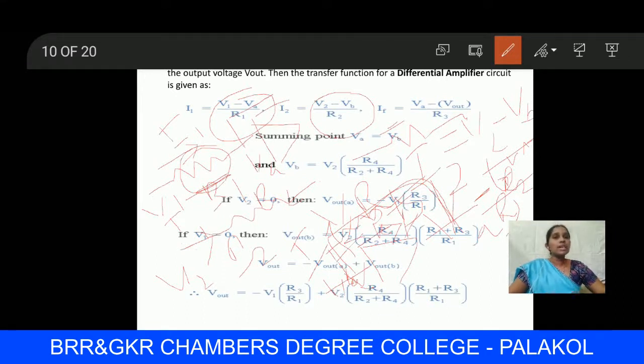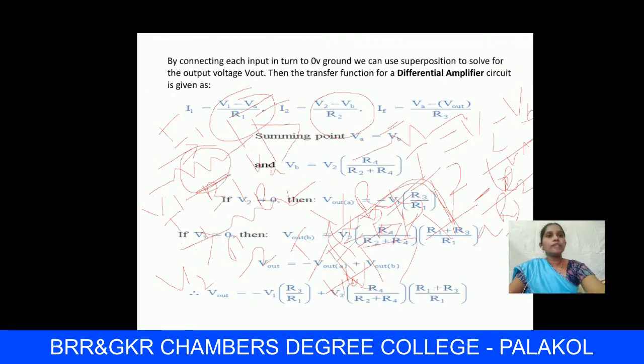Okay, so these are the values we have to substitute. One time V1 is 0 and another time V2 is equal to 0. We substitute the V1 and V2 values, and we get the total output voltage, which appears as the difference output.